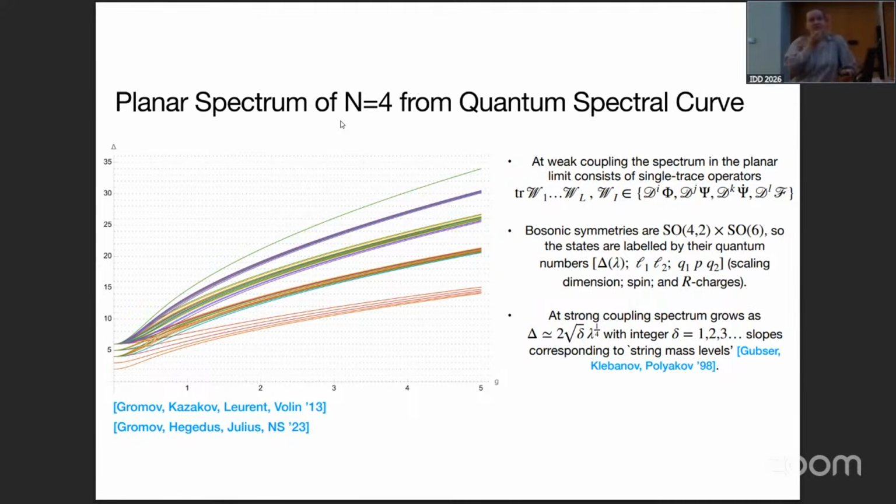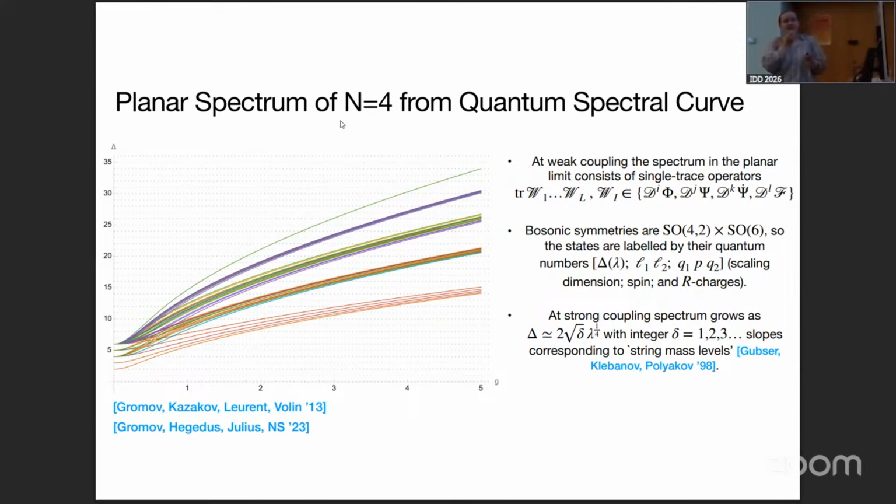Just to be precise, over here it is only a subsector, the so-called left-right symmetric states of n equals 4 from the quantum spectral curve point of view, but the plot for all states will look very similar. So I decided to keep this simpler plot for representation. Okay, so this is what we get.